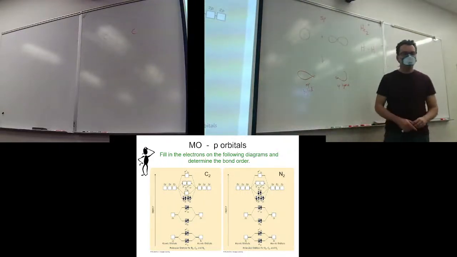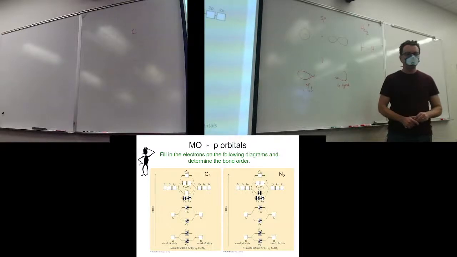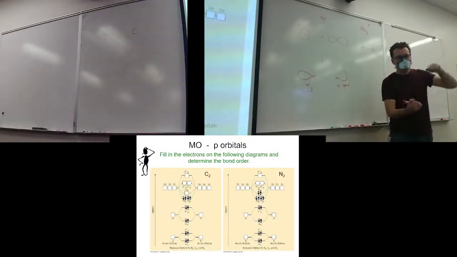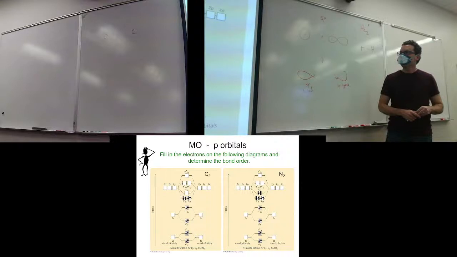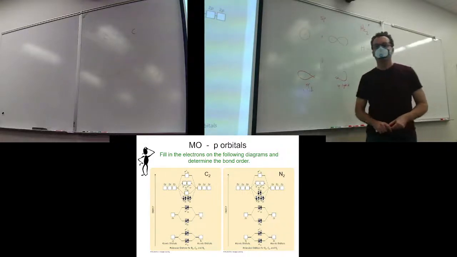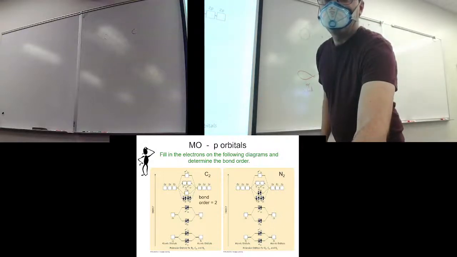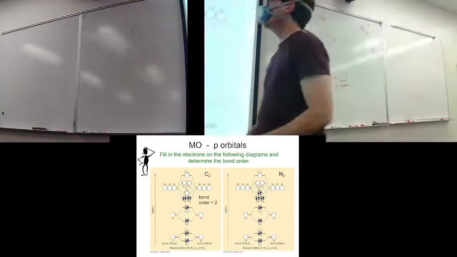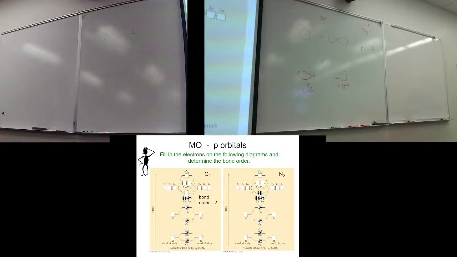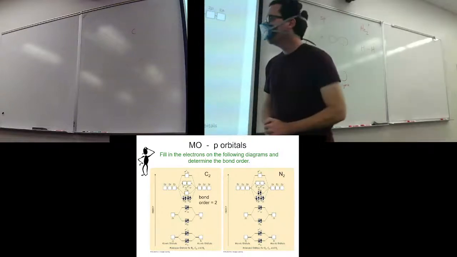Nitrogen, N2, is diamagnetic as well. That's what we saw in the video. When they poured liquid nitrogen through the magnetic field, it just went right through. It was not attracted to it. As far as bond order goes, two carbons by themselves have a bond order of 2. How do we know that?